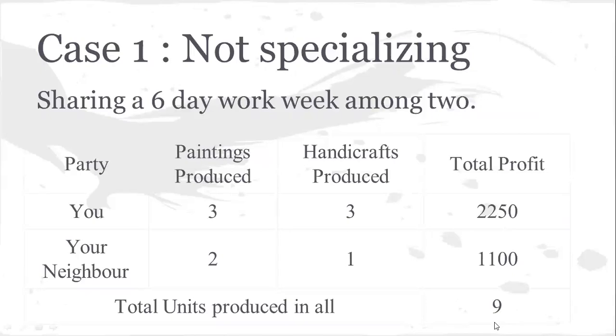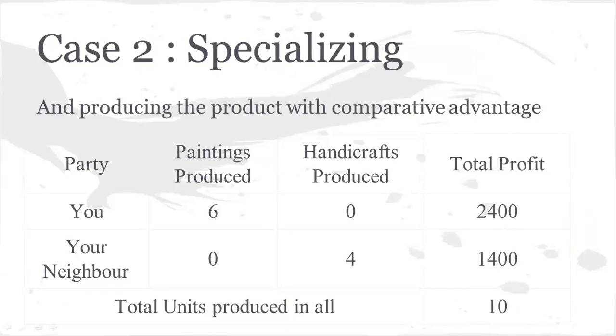Previously it was 9. So this is clearly a situation where, in a broader point of view in an economy, the firms and the organizations are getting more total profit, and obviously the units produced are more. So that will affect both the GDP as well as the production.